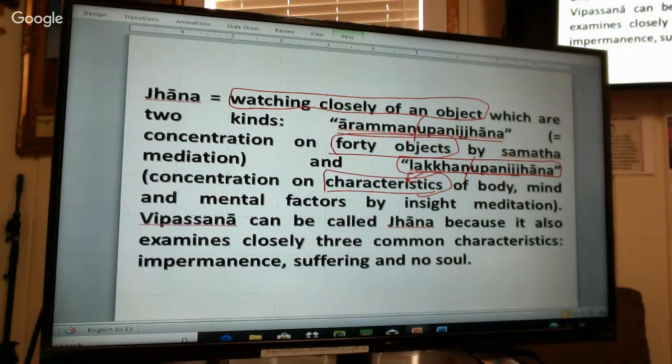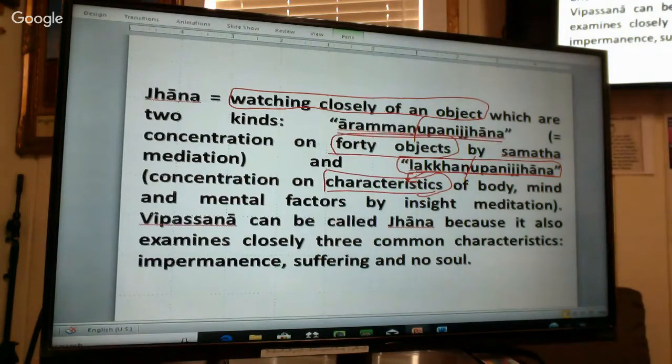Focus on that. That means you focus on the body and mind, isn't it? So this is vipassana. Vipassana has no nimitta. Vipassana directly watches the characteristic of body and mind.